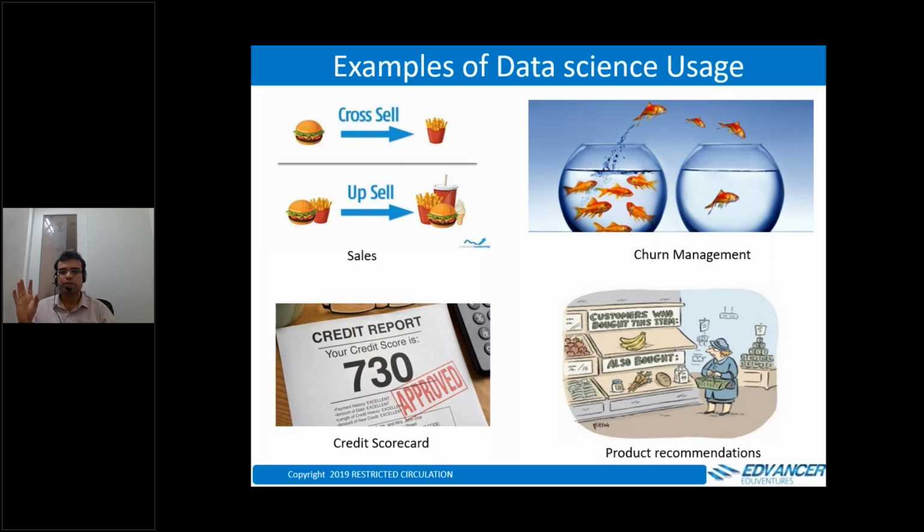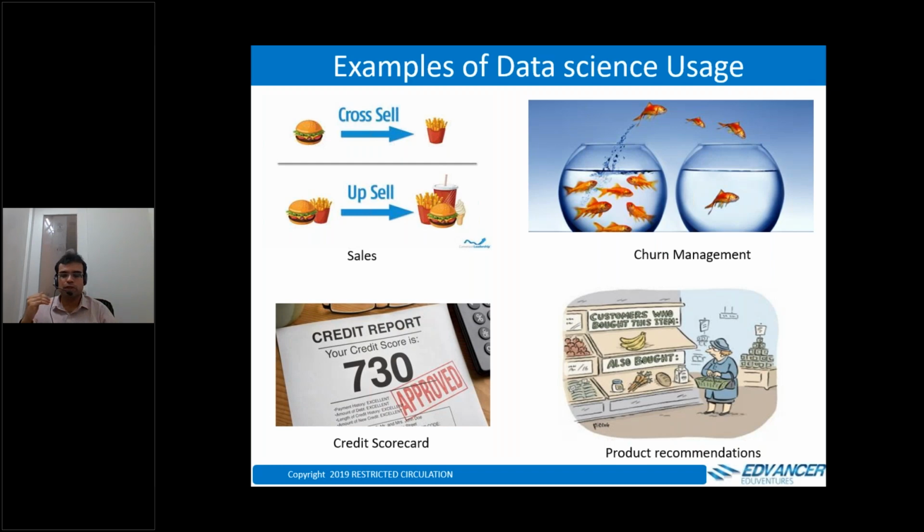Whether it is the documents you have submitted to that company regarding your details, whether it is the way you are using their service, how many calls do you make in a day, what kind of calls do you make in a day, do you use ISD, do you use STD, do you do a lot of calling at night, do you send a lot of SMSs, how much internet do you use, when do you use it, on what apps do you use it, what are your interactions with their call center team, what are your interactions with their store. All and everything is actually captured in their records as a data point, and today these telecom companies are sitting on terabytes of data.